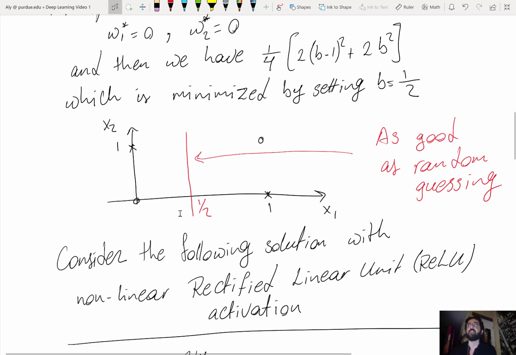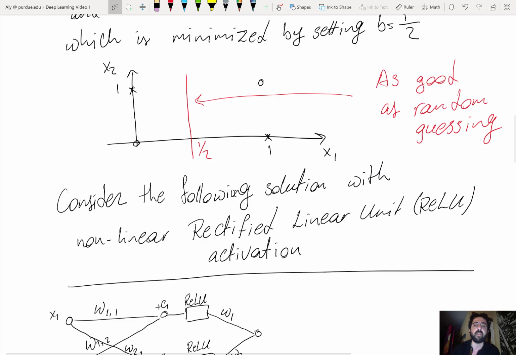So this is as good as random guessing, meaning that if my classifier is as dumb as a random guessing classifier that just takes, with probability half and half, and classifies each point either as 1 or 0, it will do the same performance. So that means that linear decision boundaries are catastrophic in this example. They cannot do any better than random guessing, because the optimal linear decision boundary gives you a performance that's the same as random guessing.